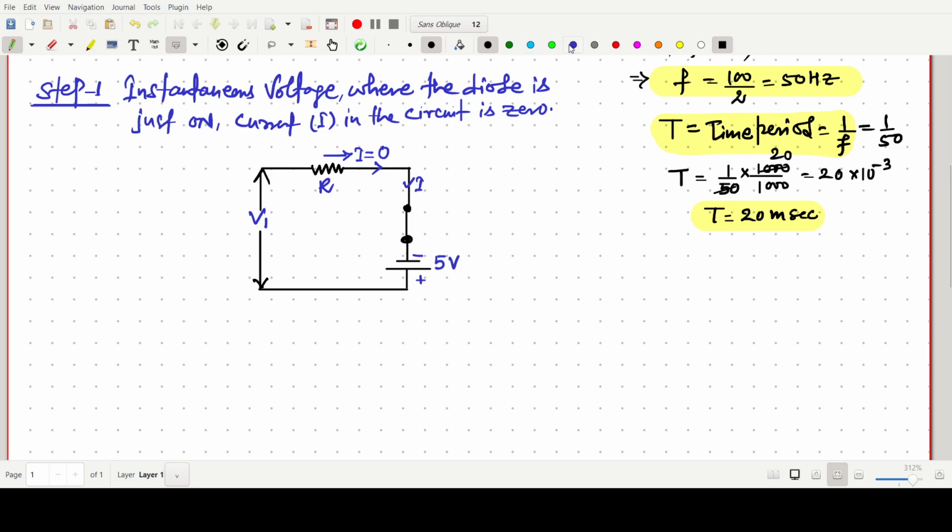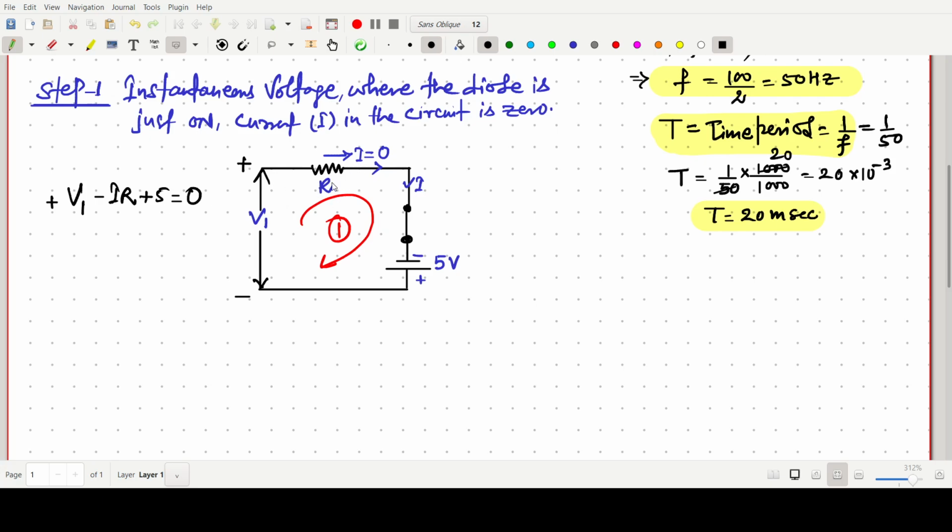Then we have to apply Kirchhoff's voltage law in this loop. So we can write plus V1, minus I into R, plus 5 equals 0.